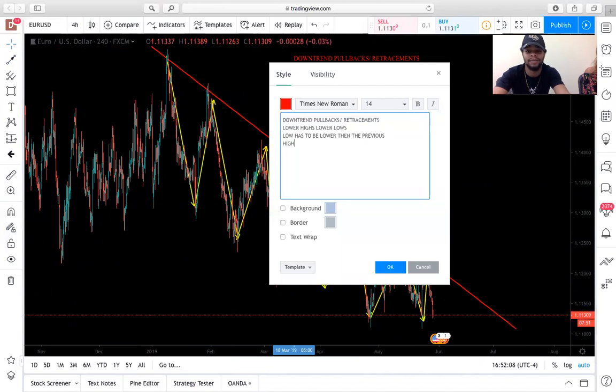The high has to be lower than the previous high and previous low. Because you know a downtrend makes what, y'all? What kind of movements does the downtrend make? Lower lows and lower highs, as Tramel said at the top there. Lower lows, again, I'm going to write it again. Lower lows, lower highs.